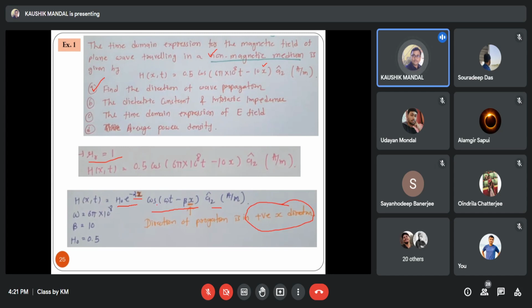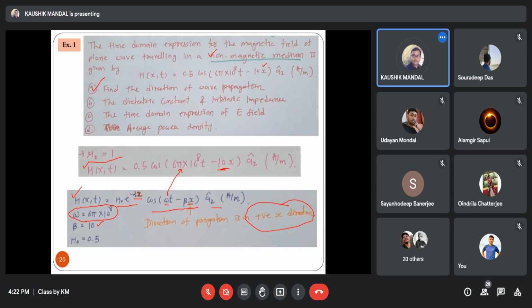Now if we compare this given equation with the basic equation of the magnetic field in a particular medium, it is cos of omega t, so omega equals 6 pi into 10 to the power 8. Now minus beta x, so beta equals 10.